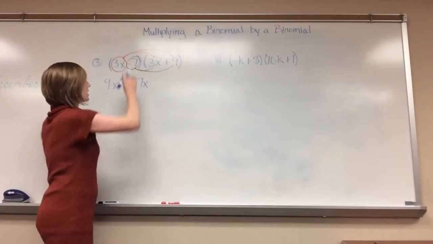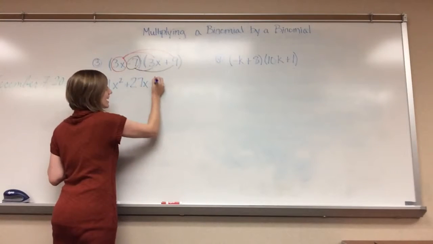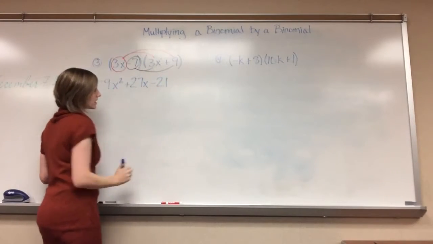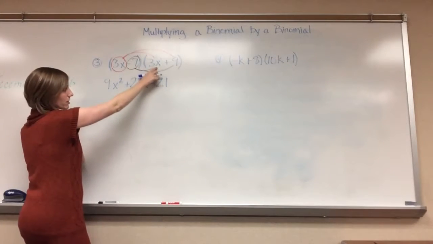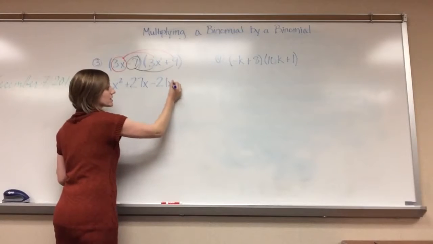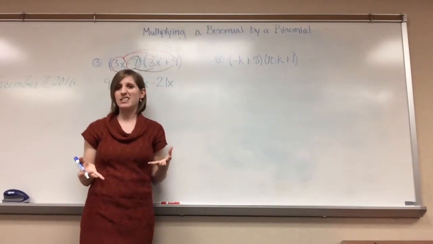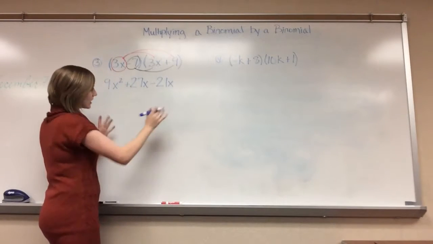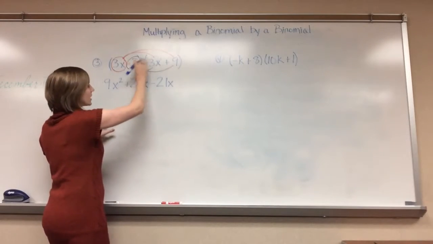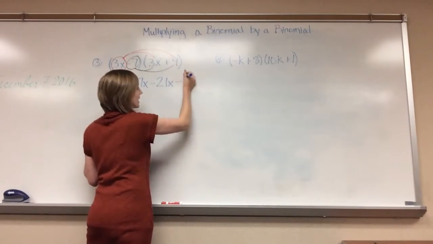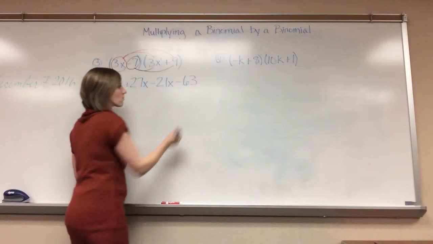Multiply the whole numbers. Negative 7 times 3 is negative 21, so I'll put minus 21. There is no x with the 7, but there is with the 3, so we just bring the x down. There's no exponents to add together. And lastly, we need to multiply negative 7 times 9. So negative 7 times positive 9 is negative 63.